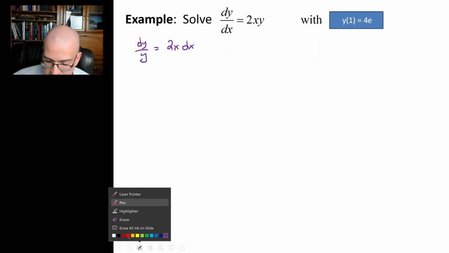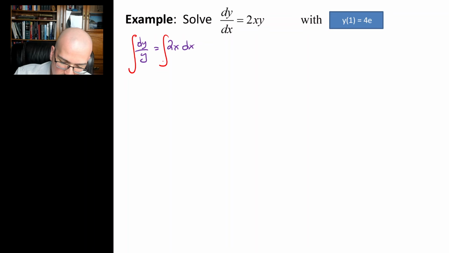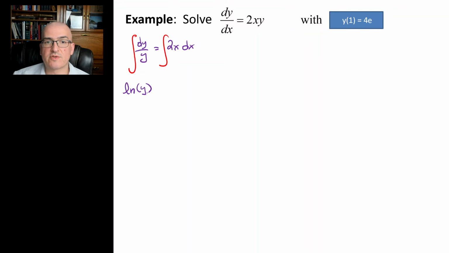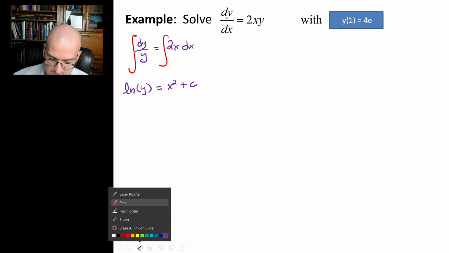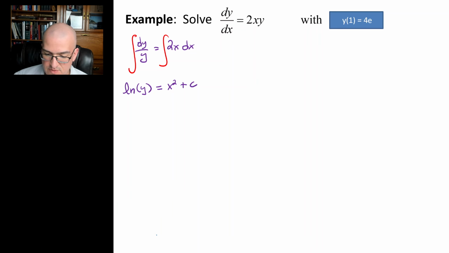And then integrate both sides. On the left, we have ln of y. I'm just going to skip the absolute value thing for differential equations. I have good reasons for that. On the right, we have x squared plus c. Next, I'm going to rearrange and get y all by itself.